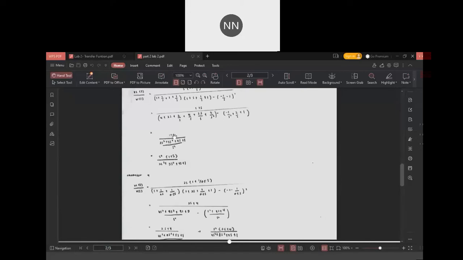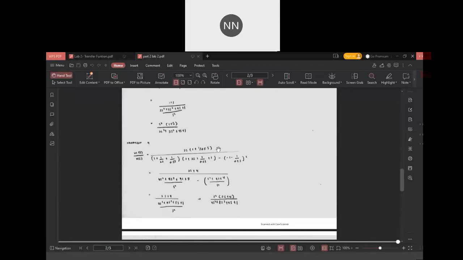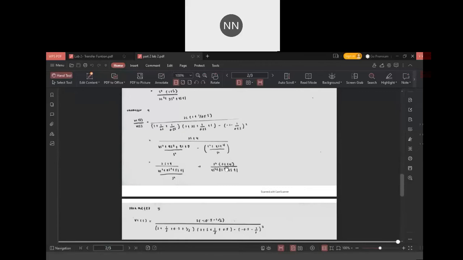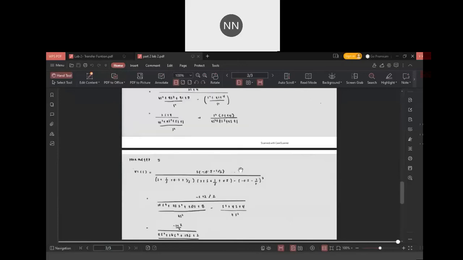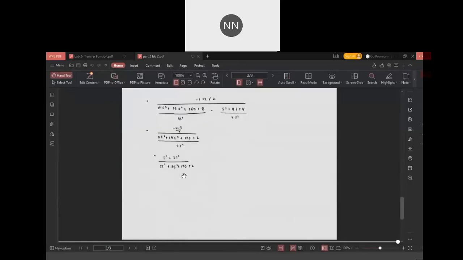The values we substitute give, for parameter 3, (1 plus s) over (2s cubed plus 5s squared plus 4s plus 1). For parameter 4 we get (2s plus 4) over (4s cubed plus 8s squared plus 5s plus 1).